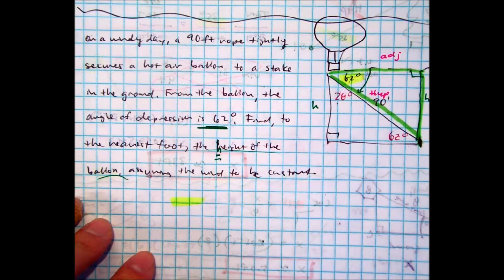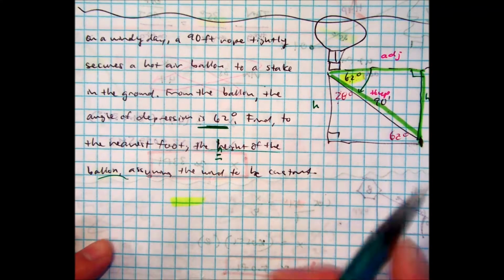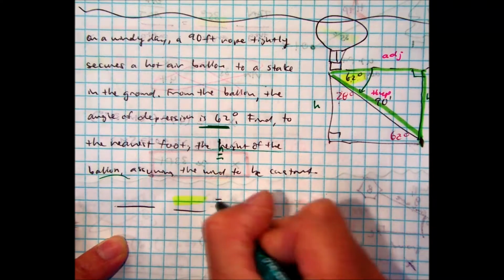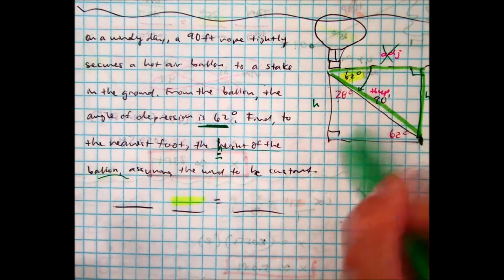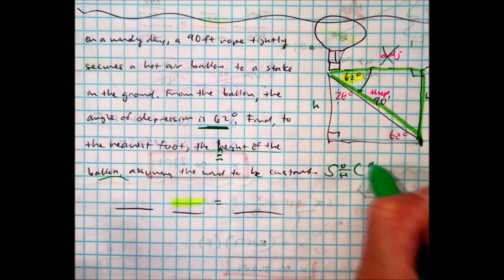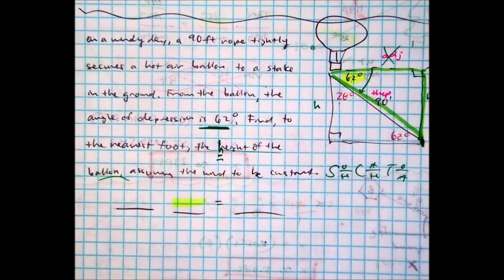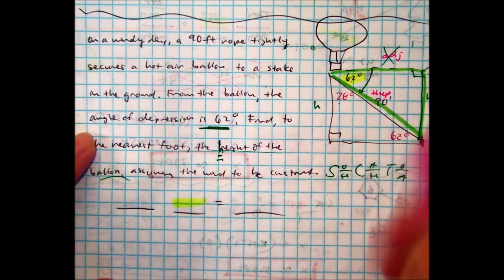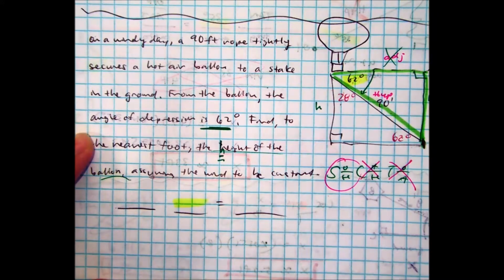Partner A, tell partner B which side do we not need and which trig function do we have. Class, which side are we going to not need? So let's cross off the adjacent. So which trig function are we going to use, class? So no A's. It has an A, this has an A, cross it off, so look at the sine.